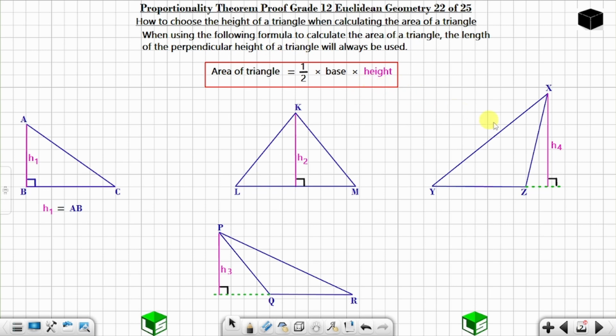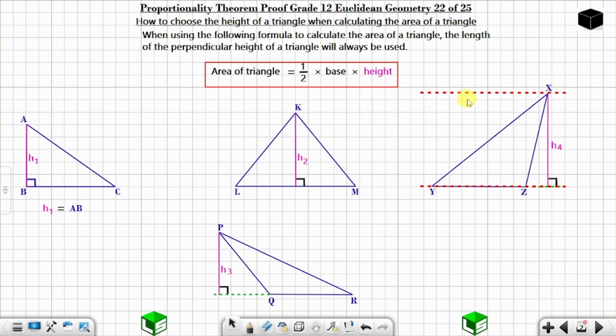Okay, so you can have a line that coincides with the base, and you draw another line parallel to this line passing through x. Any line between these two lines perpendicular to this line can also be considered the perpendicular height to be used in this formula.